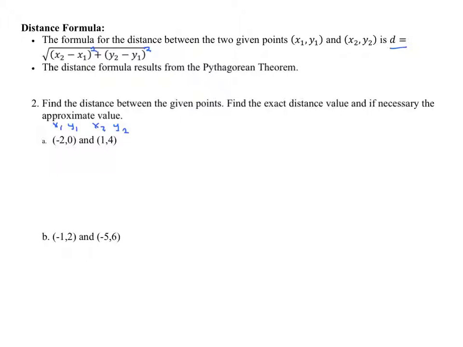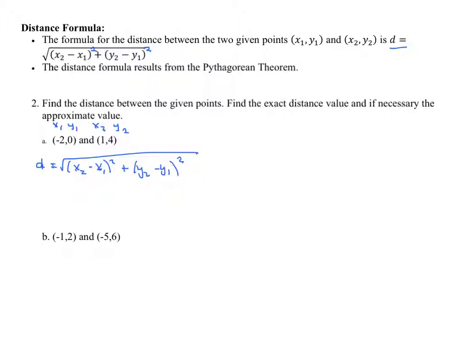Now we will plug into the formula. So the distance is equal to the square root of (x2 minus x1) squared plus (y2 minus y1) squared. So please change that as you're writing in the lecture.